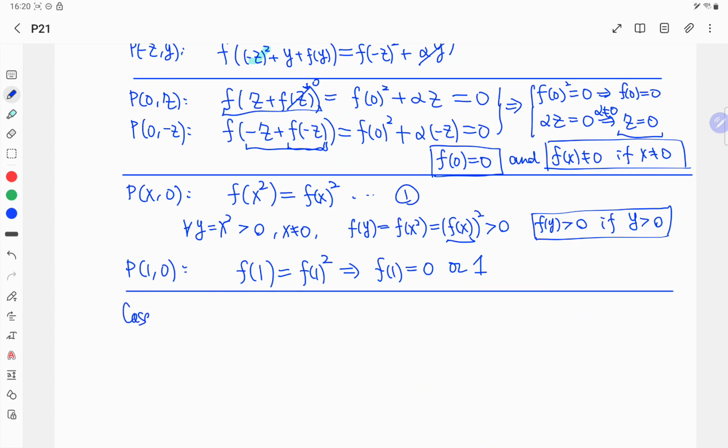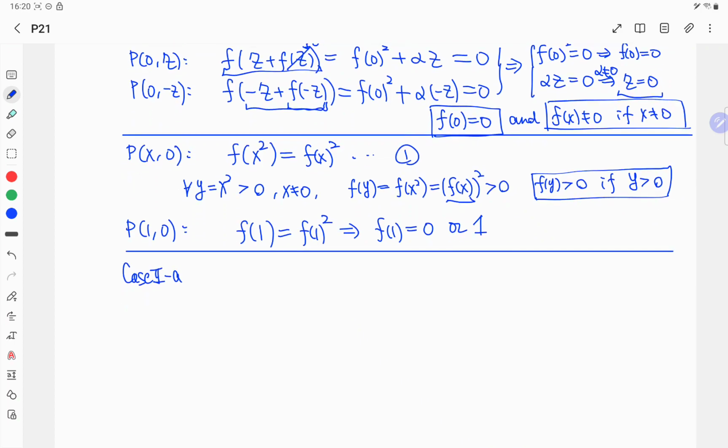So let's consider case 2a, which is f(1) is equal to 0. So here we try to pick P(0, 1). So it becomes f(0²) is 0 plus 1 plus f(1) equals f(0)² is 0, and then plus alpha times 1, which is alpha.